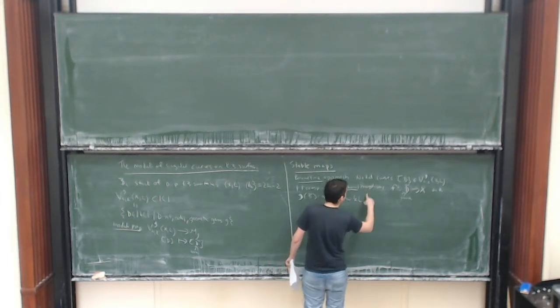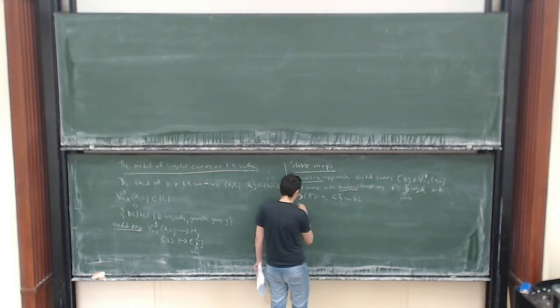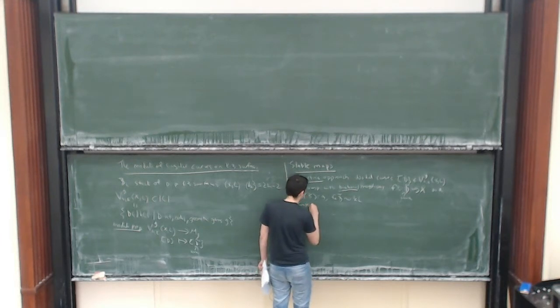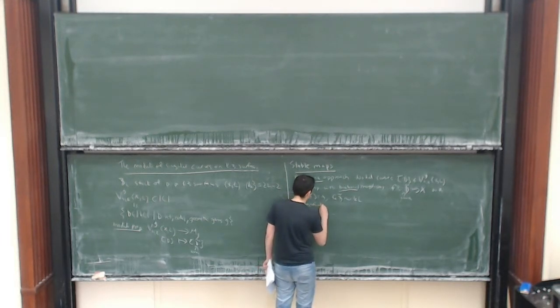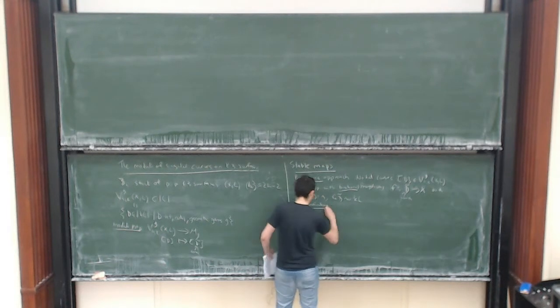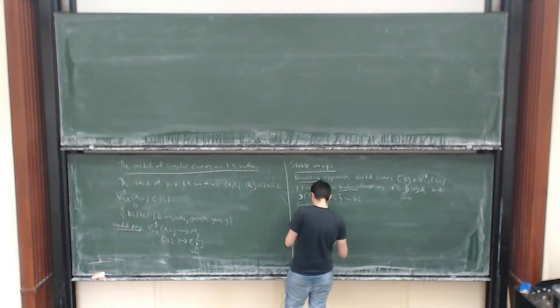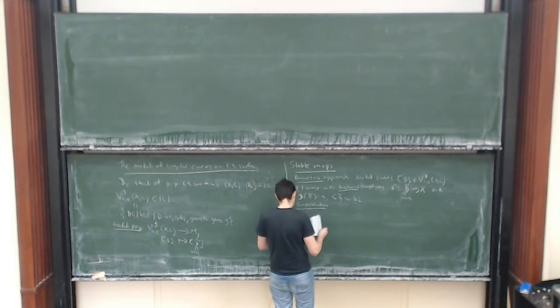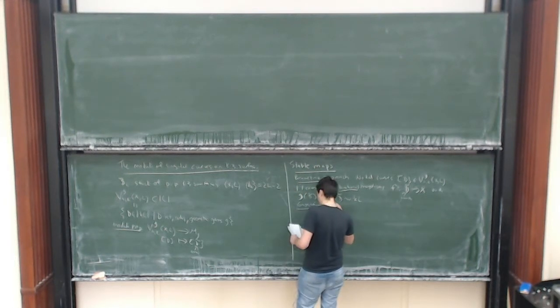Okay, and then this space has a compactification. I call this W_G.